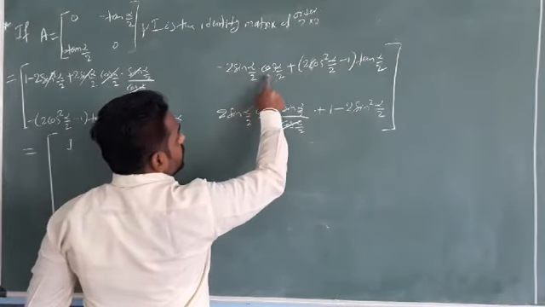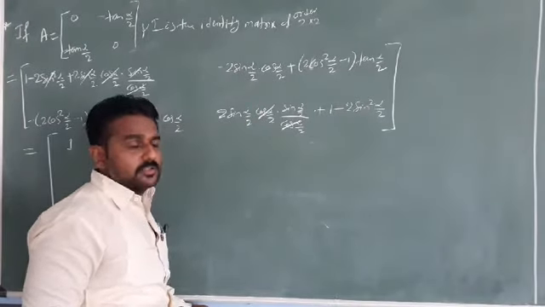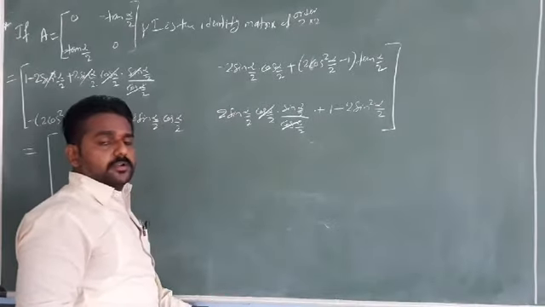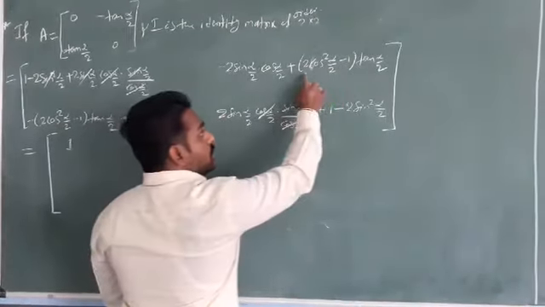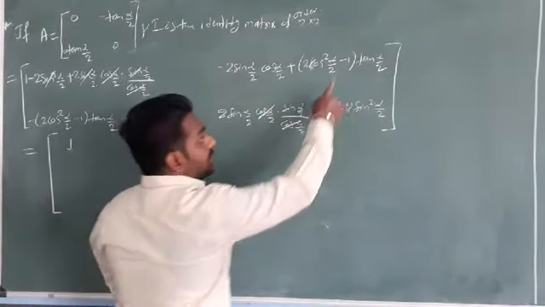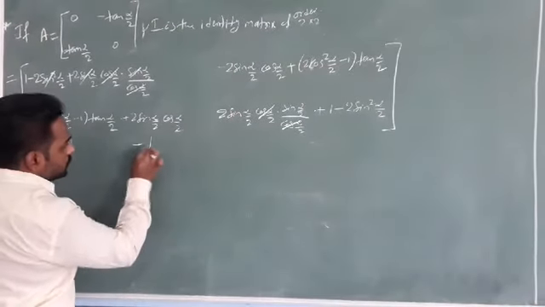Minus 2 sin alpha by 2 cos alpha by 2, 2 cos square alpha by 2 into tan alpha by 2 will be there, no? So tan can be written as sin alpha by 2 divided by cos alpha by 2. Cos and this cos will get cancelled. You will get 2 cos alpha by 2 into sin alpha by 2; plus and minus will get cancelled. Again minus 1 into tan alpha by 2 will give minus tan alpha by 2.